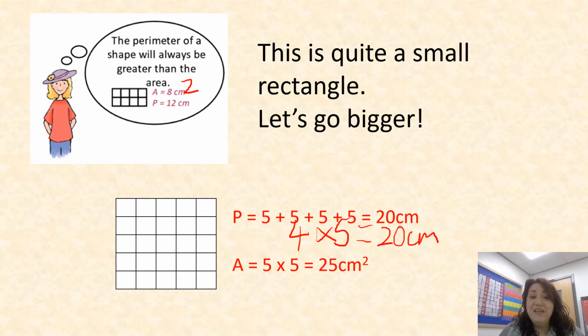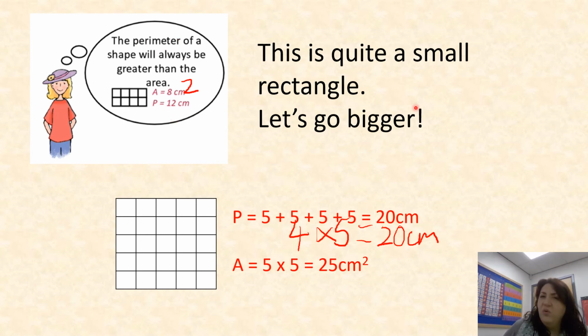So we've got to see if she's right when she says that perimeter is always going to be bigger than the area. Now the area would be 5 times 5, and 5 times 5 is 25, which means our area is bigger than our perimeter. So what she has said isn't true.